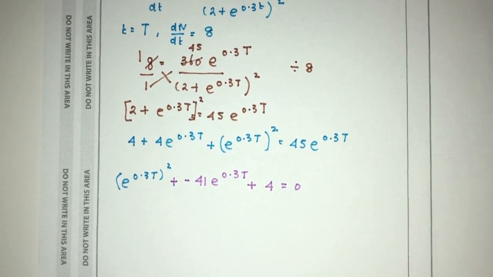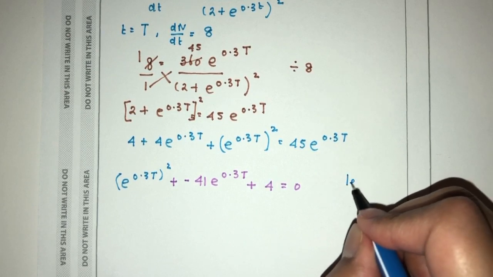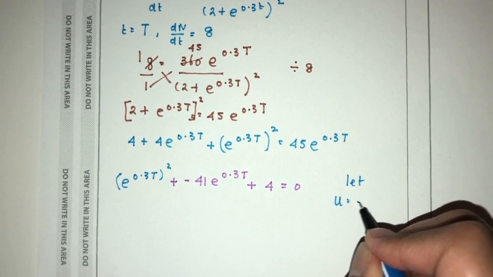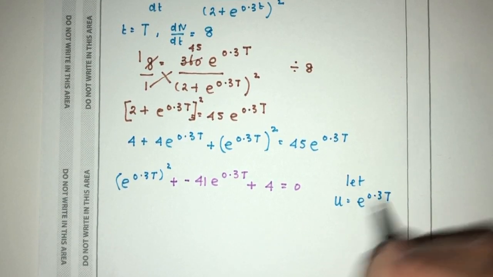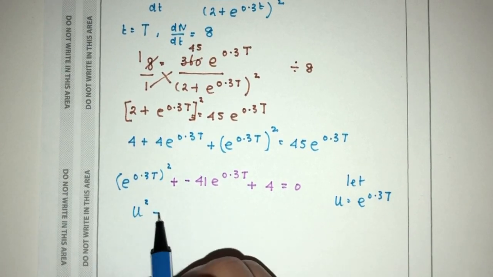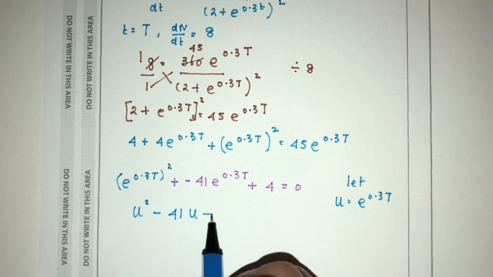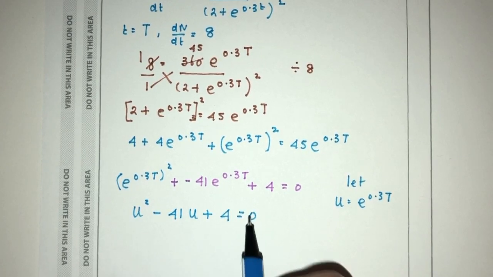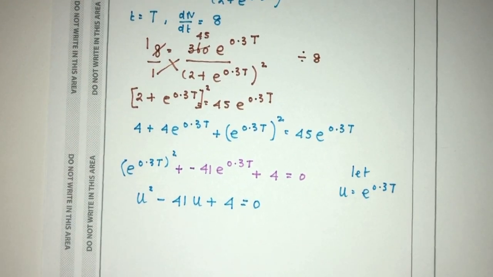What can we do here is we can let u equal to this value. Right. So you will have u square minus 41u plus 4 equal to 0. Now you can see it's very simple to see that we have a quadratic equation that we can solve step by step and find the following answers. Now I just need to find some space to solve this question. So let me continue on this page.